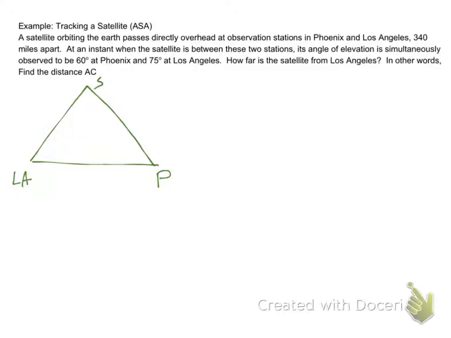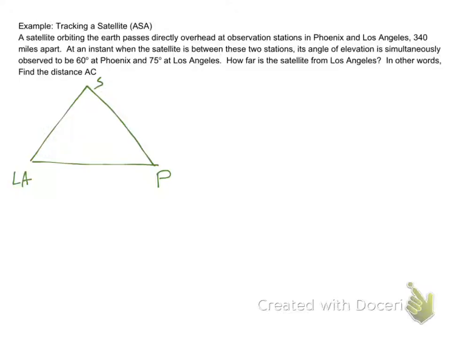So the thing about this is that if I wanted to use what the book has there, saying distance AC, which is from the satellite to Los Angeles, then maybe I should use ABC as my endpoints.